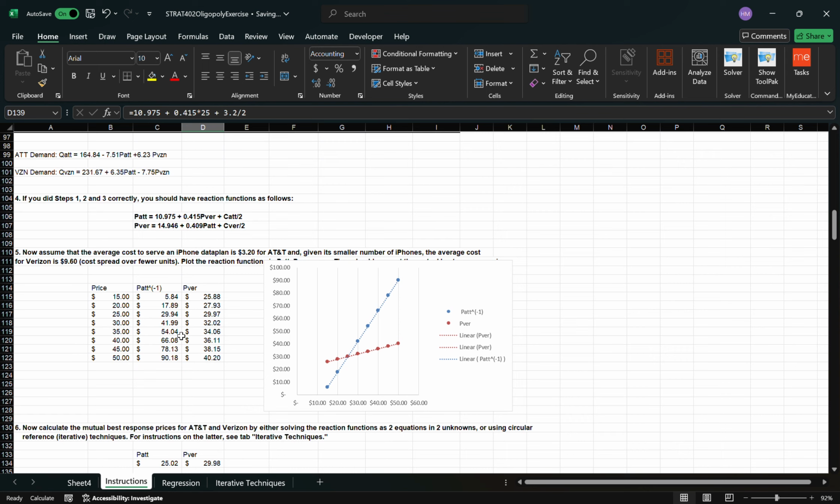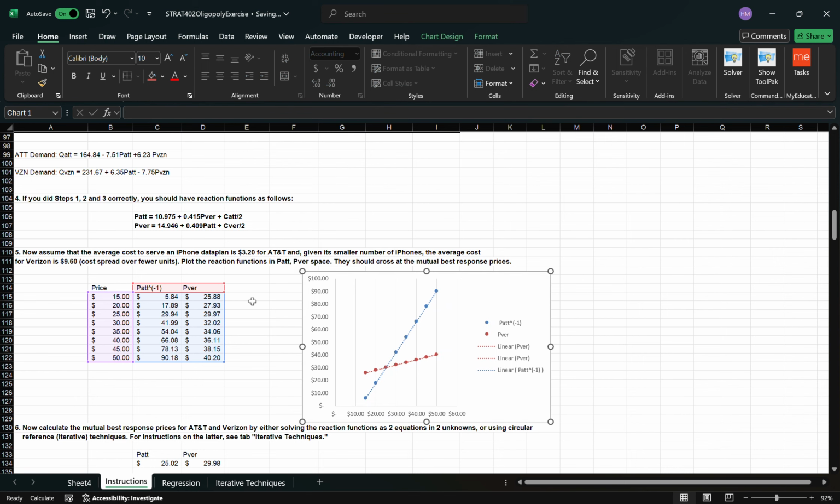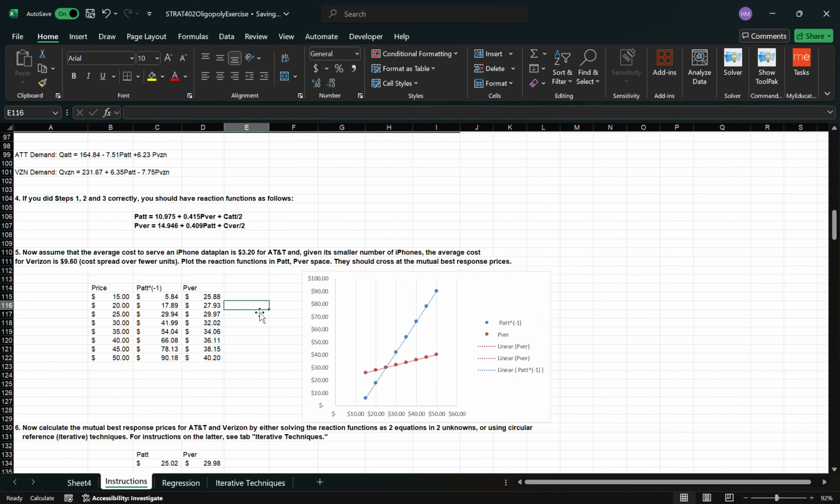And for number 5, it wants us to plot the functions. So what I did here is, in order for them to be on the same x and y axis, I used the function for AT&T, and I did an inverse function, so I switched x and y and then solved for y.